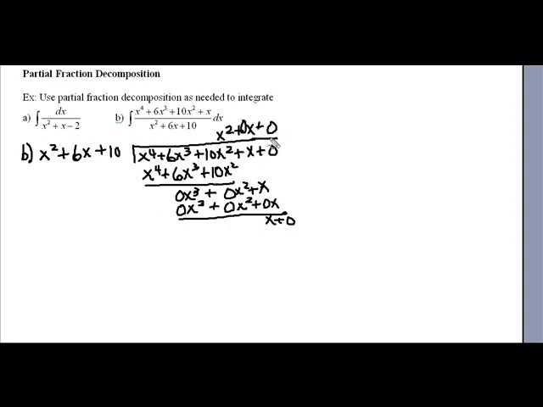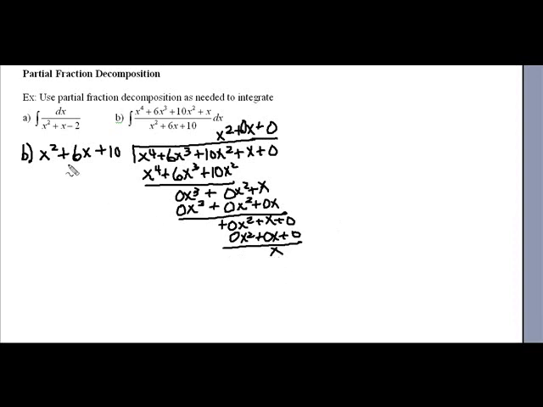Subtracting, we have just an x. So what we found here is, and remember this x has yet to be divided by that.